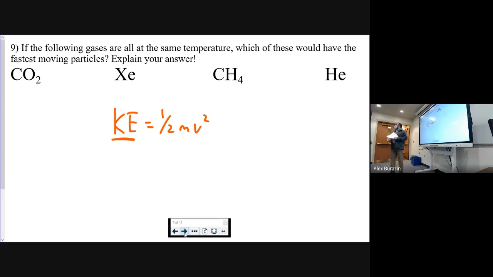Well, I want the lightest particles. I'm going to look up their molar masses. Molar mass of CO2 is 44. Molar mass of xenon is something. What is it? 131? Pretty big. 44, 131. Molar mass of this is 16. Molar mass of helium is 4. Smallest mass, which one's moving the fastest? This guy.